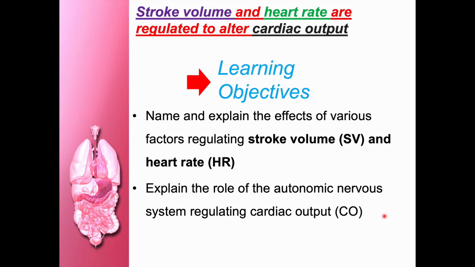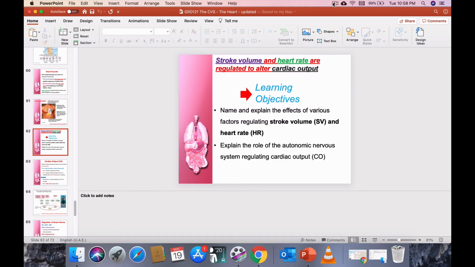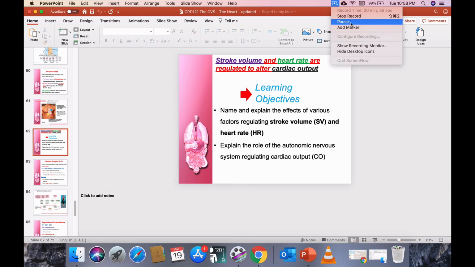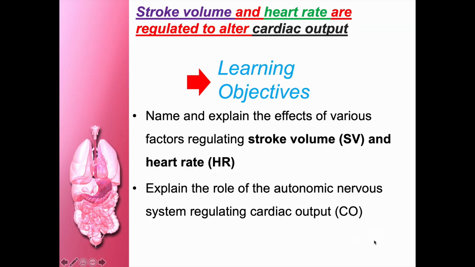Okay, so coming to stroke volume and heart rate, the stroke volume is the amount of blood that is ejected out during the ventricular contraction. Our objective is to study the stroke volume, that is, the amount of blood ejected from the heart for one contraction of the ventricle.